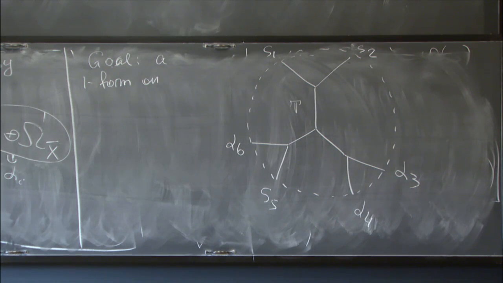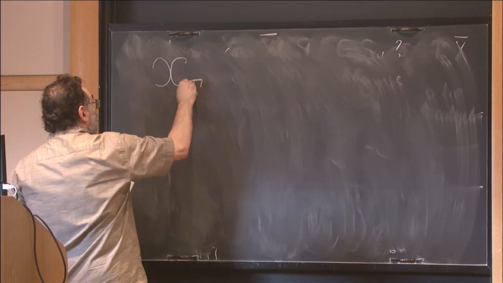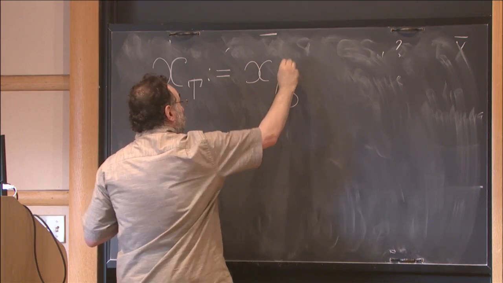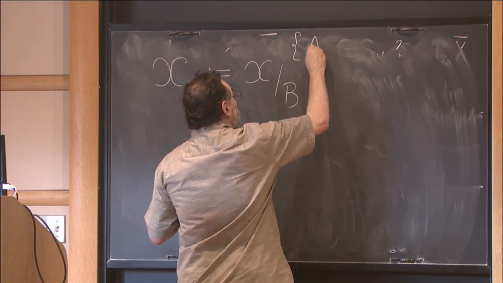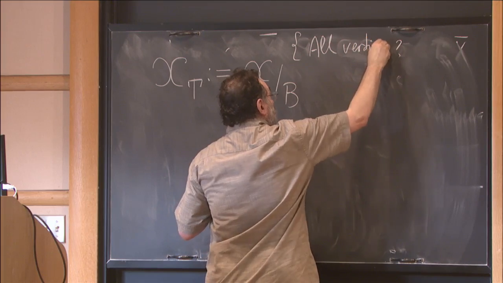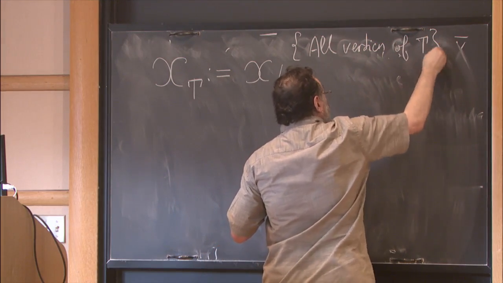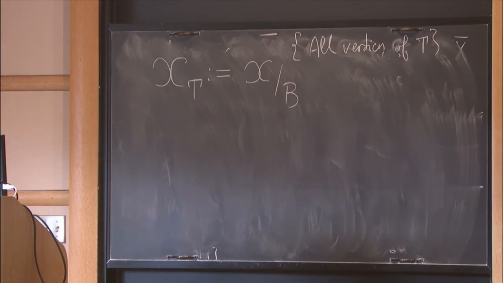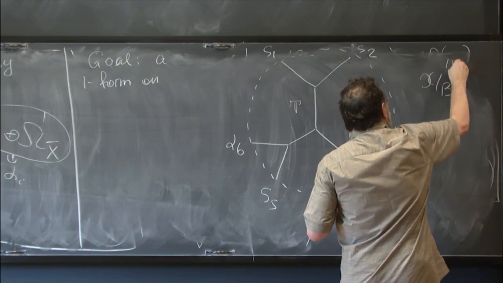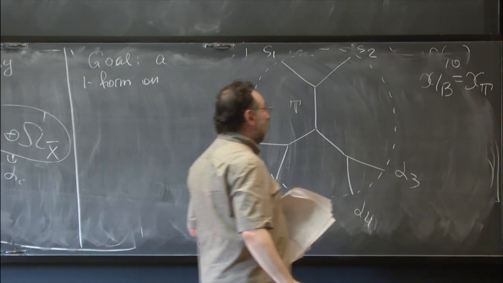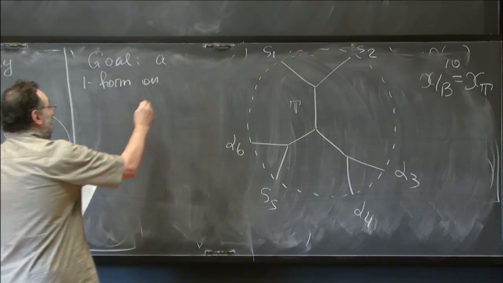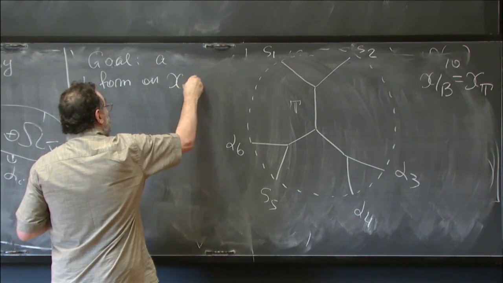I consider X sub t to be the product of X's over the base, raised to the power given by all vertices of this graph T. So this is the fibered product. For example, in this case it's X over B raised to the power 10. This is my X sub t on this particular diagram. 10 is the total number of all vertices. And so I want to have a form on X sub t cross C2.